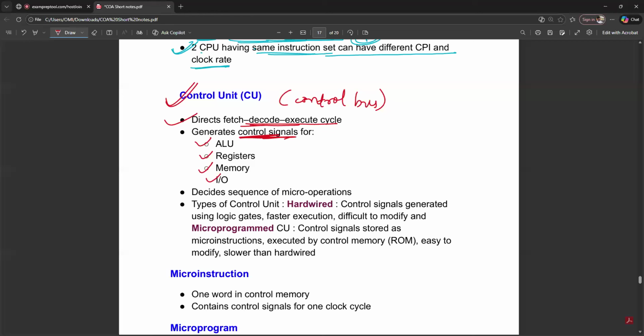It is able to send the control signals. Its job is to transfer the control signal, and this control unit's job is to generate the control signal. It generates, and the bus transfers or sends control signal.